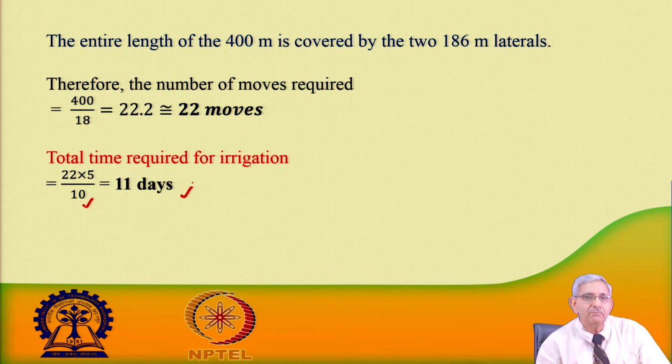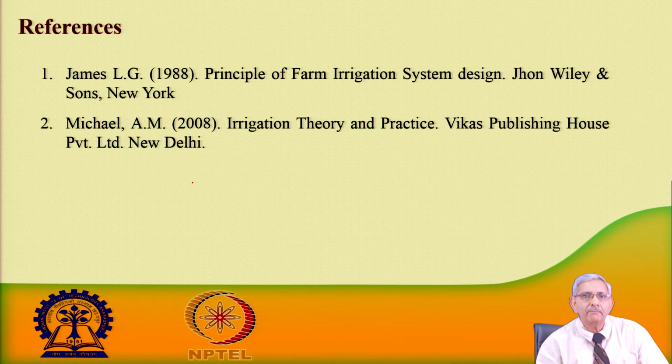That is the total time required to irrigate 16 hectare of land with 22 moves, each move requiring 5 hours, at 10 hours per day. So, we get 11 days to cover the 16 hectares of land.